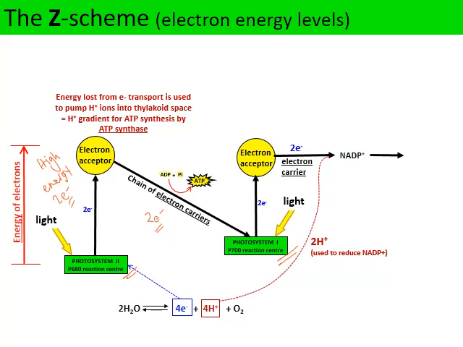Now we know the electrons from the splitting or photolysis of water at the bottom here, so we know this is called photolysis. That's light activated. These electrons replace those lost from the reaction center of photosystem 2.